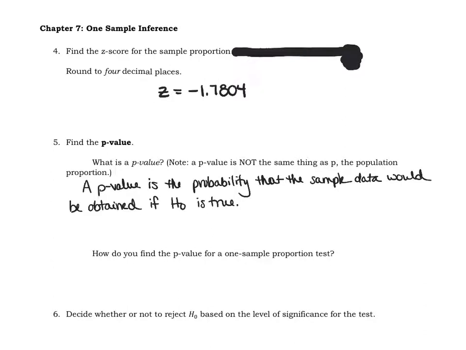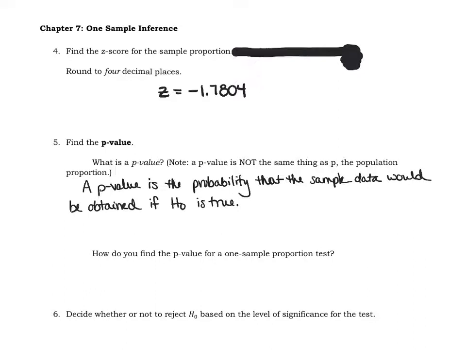Okay, so how likely is it that we would have gotten that same sample data? So in this case, that 131 out of the 1,432 complaints would be about identity theft, if indeed it's true that 23% of all complaints in Alaska are for identity theft.